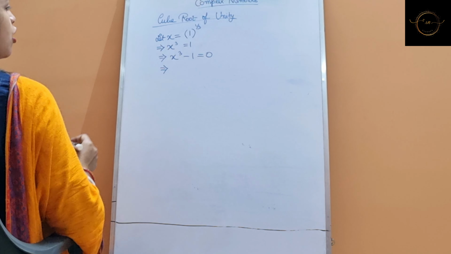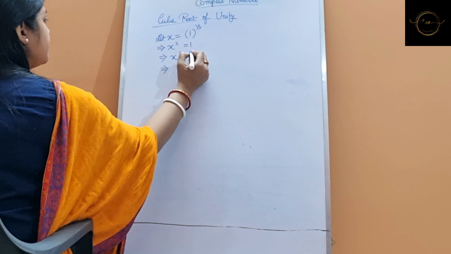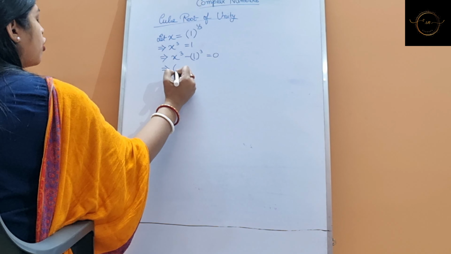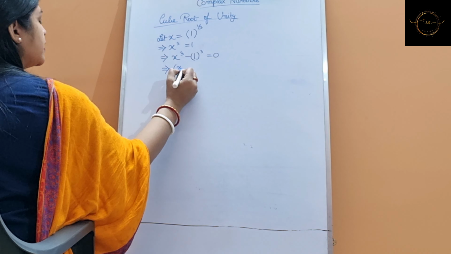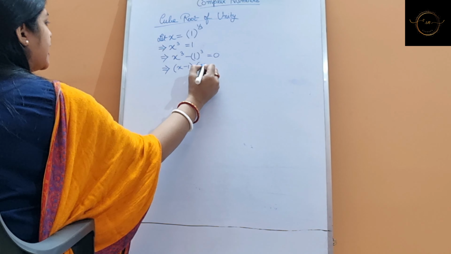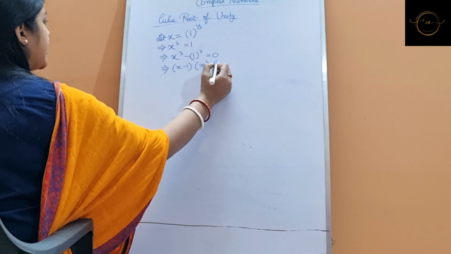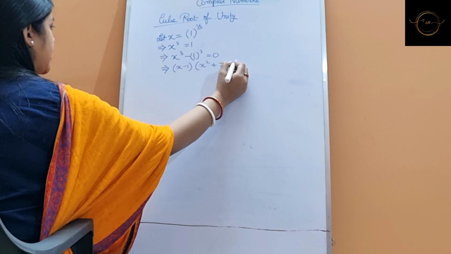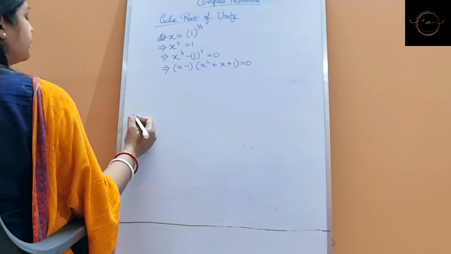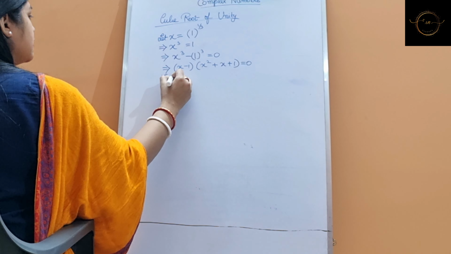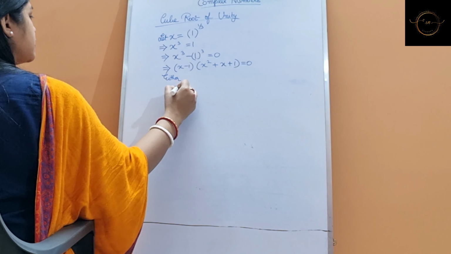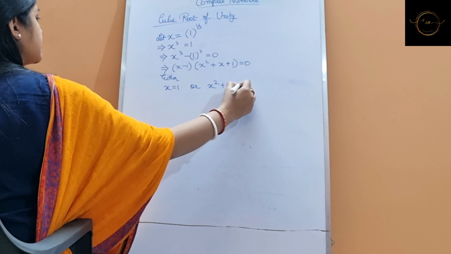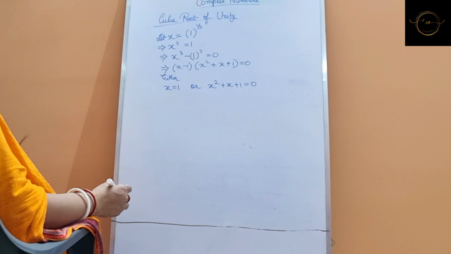By the formula of a cube minus b cube, which is equal to (a minus b) into (a square plus ab plus b square), we get (x minus 1) into (x square plus x plus 1) is equal to 0. So either x is equal to 1, or x square plus x plus 1 is equal to 0.